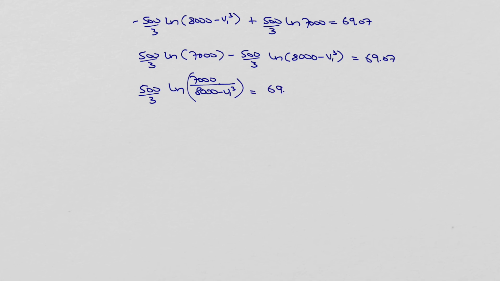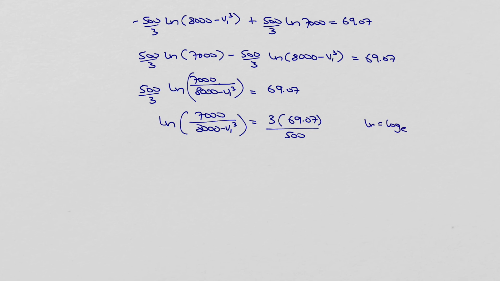And that equals 69.07. So if I multiply across by 3 and divide across by 500, we'll then have to change from logs back to exponential, remembering that natural log is log to the base e.